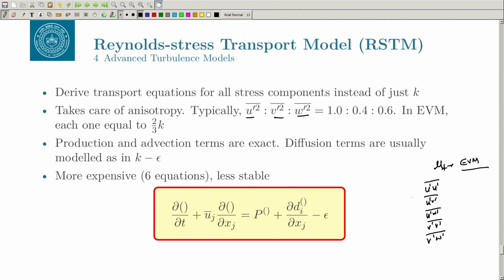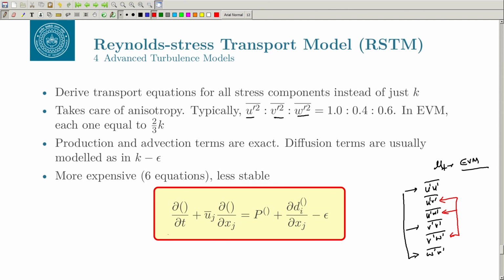So, there are 3 normal stresses and 3 shear stresses, giving 6 equations in your RSTM model, the Reynolds stress transport model. You have to derive these equations the same way as we derived the turbulence kinetic energy equation, separately for each of these. So, there will be 6 transport equations, and the nature of the equations will be very close to what we have been seeing.